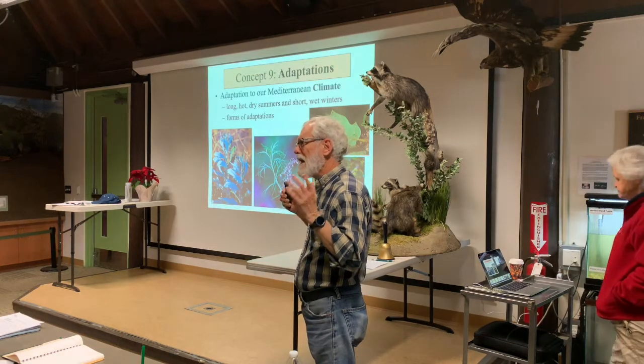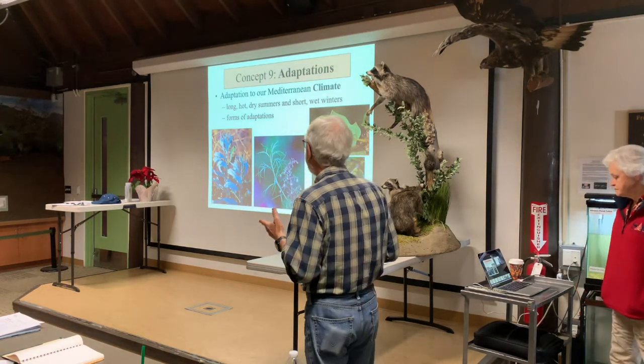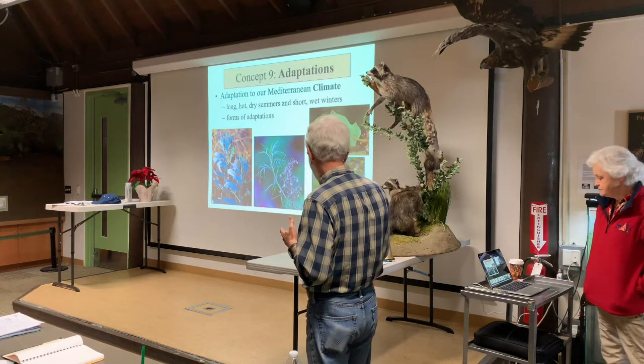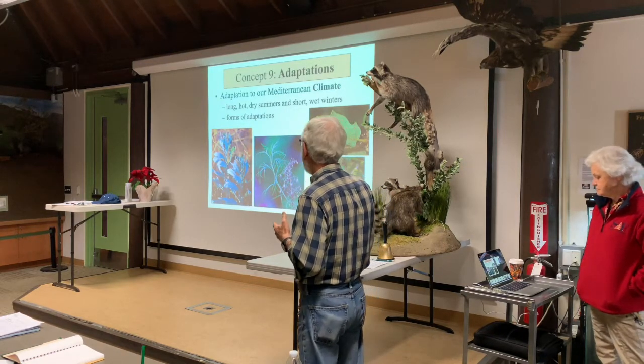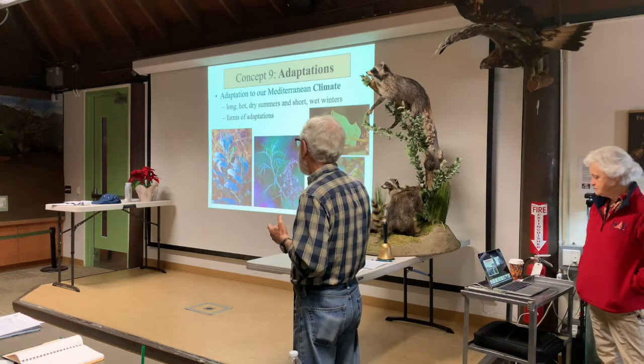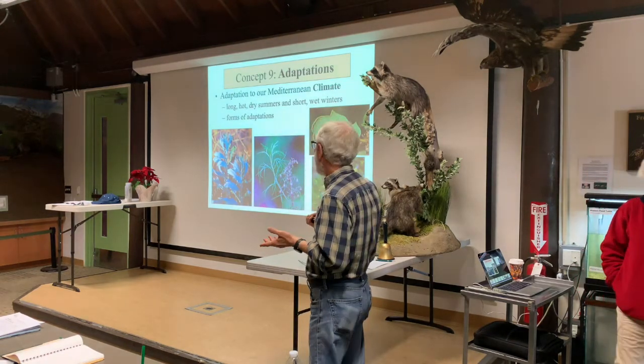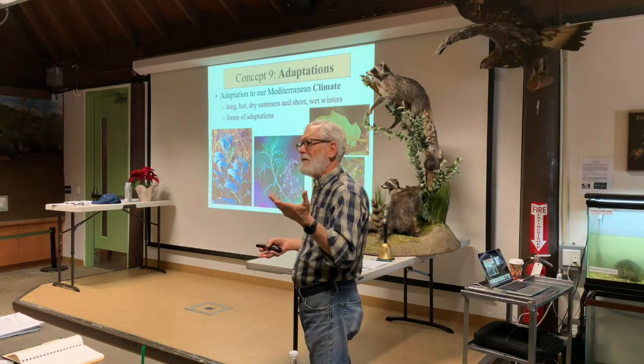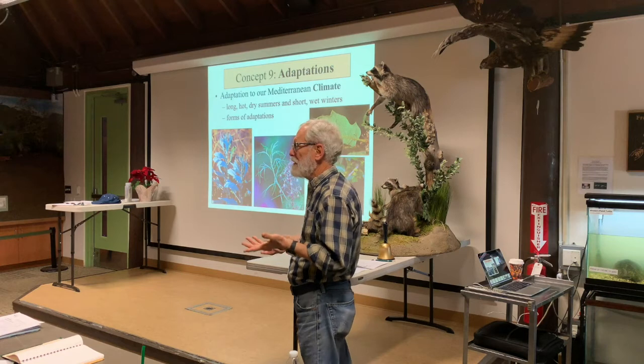And so there are lots of different ways that they've discovered evolutionarily to survive it. So there are some that are white in color or have white on the undersides of the leaves, and that can help reflect the light, so that the leaves don't get as warm.